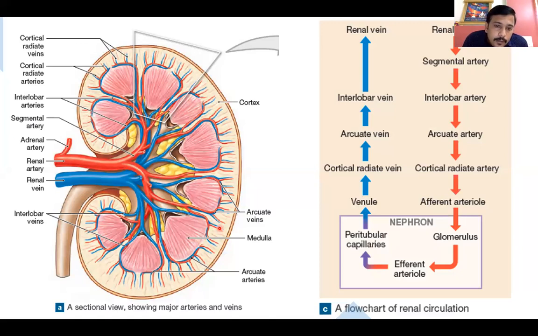You can see the small blue color lines here along with the cortical radiate arteries. So these cortical radiate veins further join to form the arcuate vein. These arcuate veins join to form the interlobar veins, and multiple interlobar veins from different pyramids will join to form the renal vein. The renal vein will then drain directly into the inferior vena cava. So this is how the renal circulation happens.